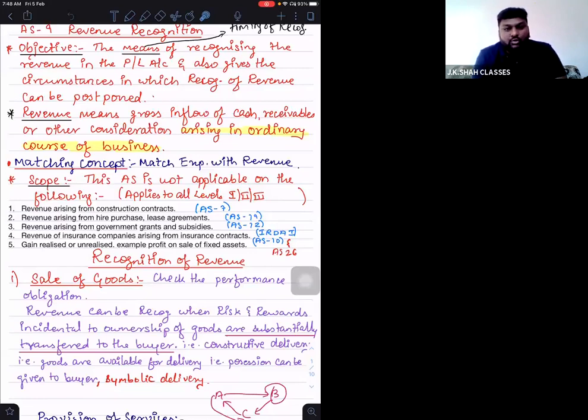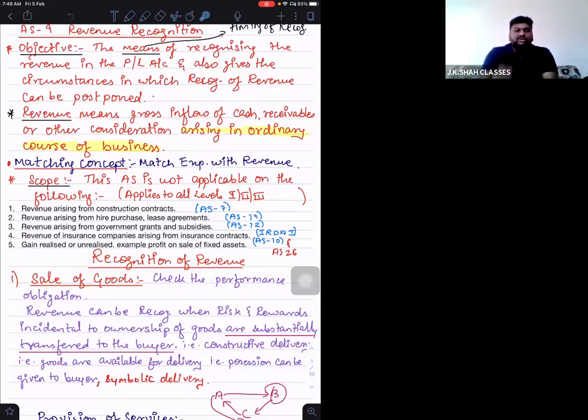Then I said after 1 or 2 months, the secretary came to you and told you, sir, my MLA had come and shopped, please tell me the bill, I will pay. So can I say at this particular moment you are certain now that the amount can be collected, right? So when you are certain now, you can record the revenue.